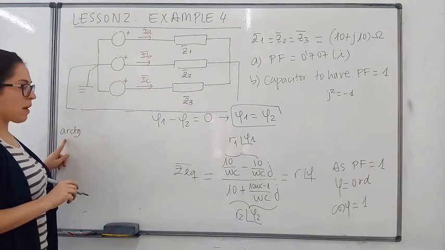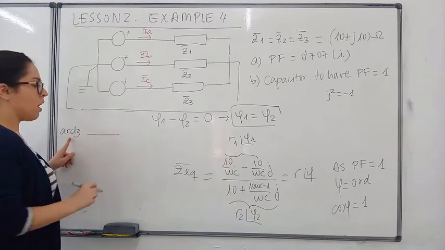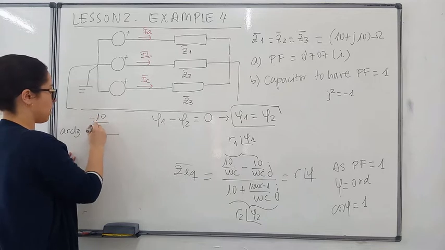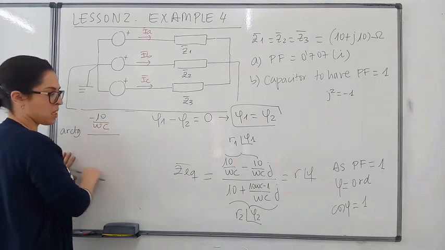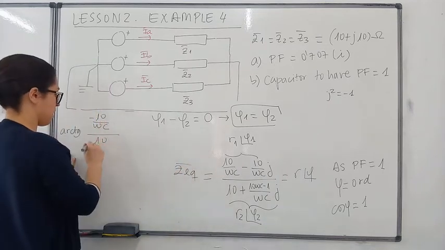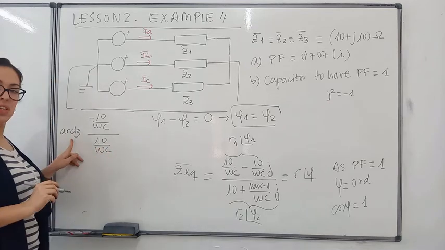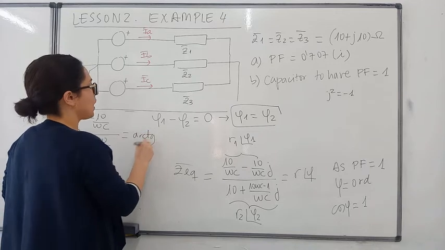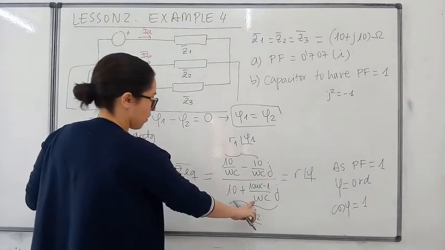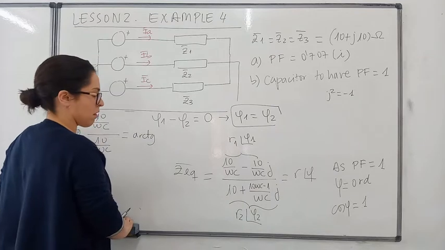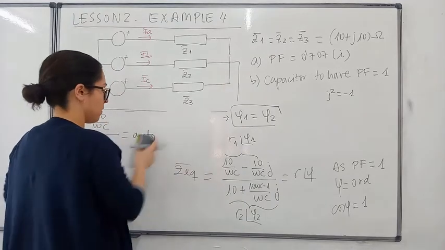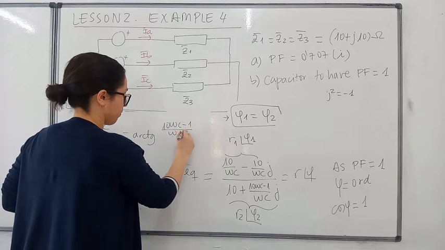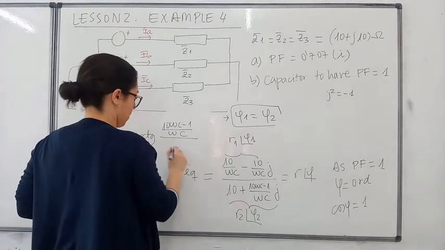The angle in the numerator is going to be the arctangent of minus 10 divided by angular velocity and capacitance, divided by this. This is the angle in the numerator. The angle in the denominator is going to be this, the imaginary part divided by the real part.